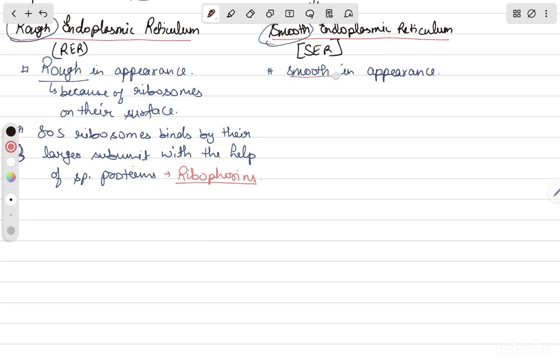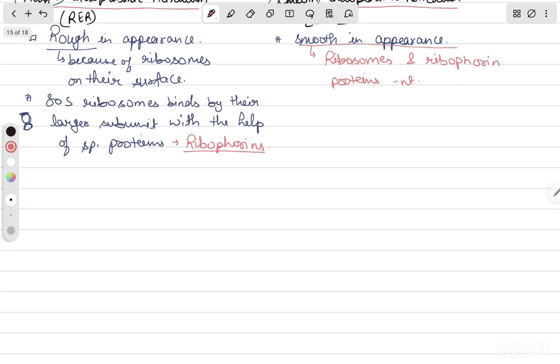While they are smooth in appearance, ribosomes and ribophorin proteins are both absent in smooth endoplasmic reticulum.